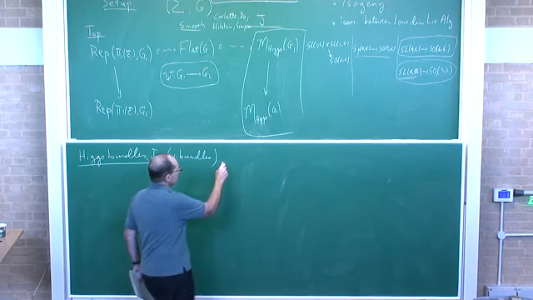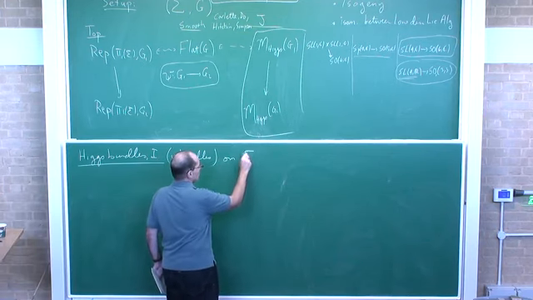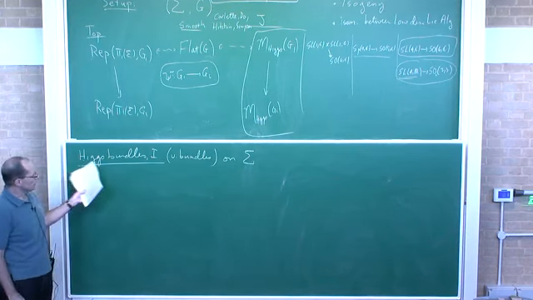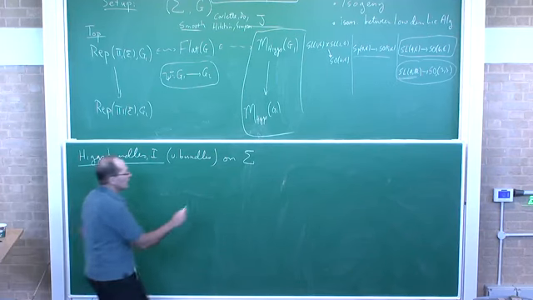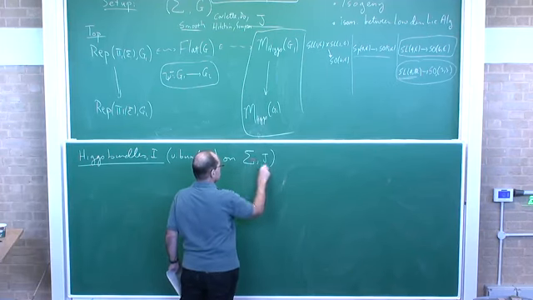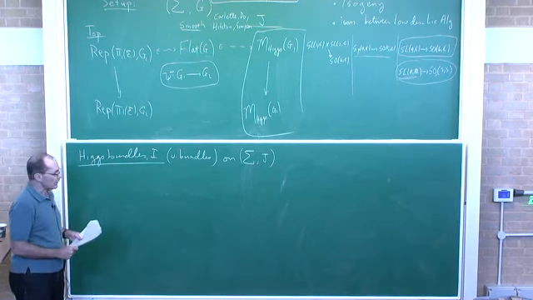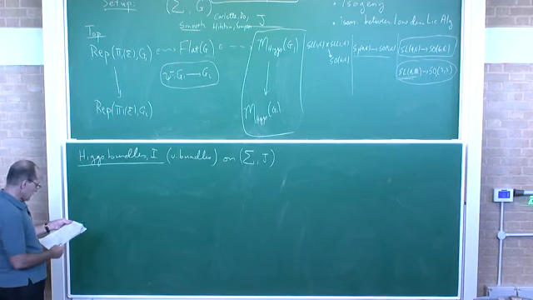So these are all Higgs bundles, let me remind you, on our surface sigma. And actually, if we're talking about Higgs bundles, I should remind you that we fixed a complex structure there. So it's not just a topological surface, but a Riemann surface.